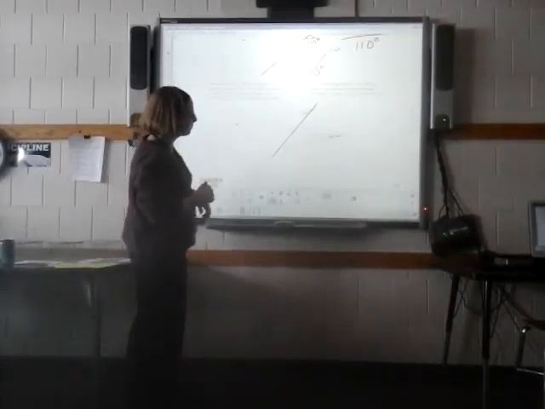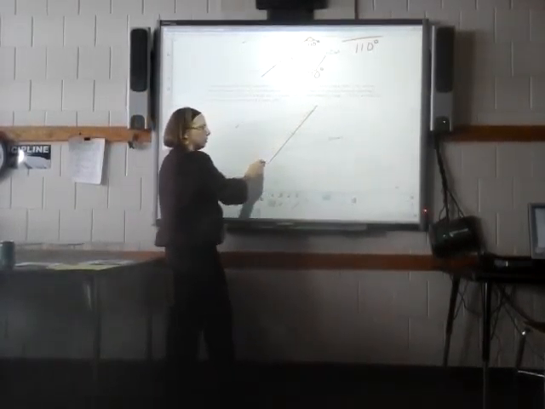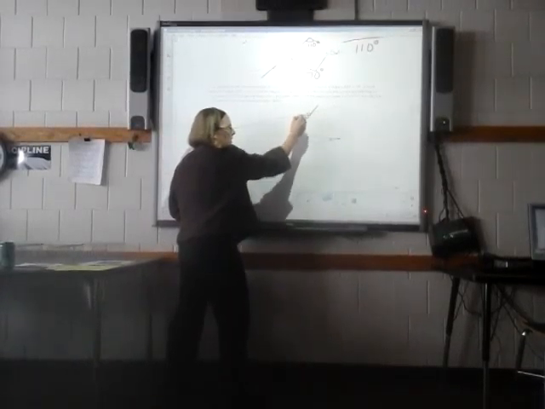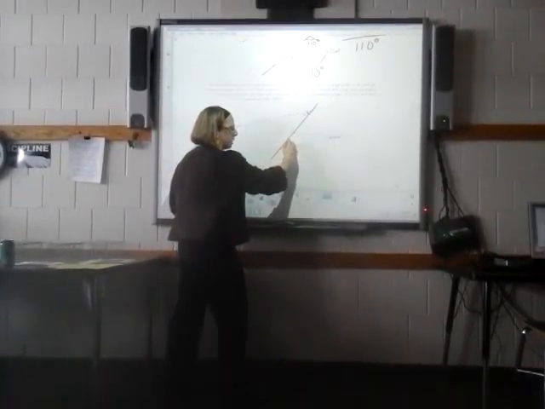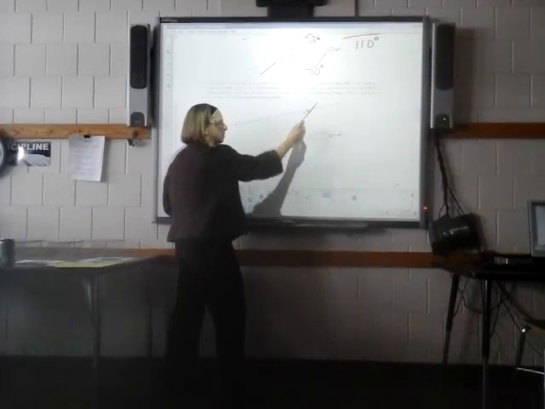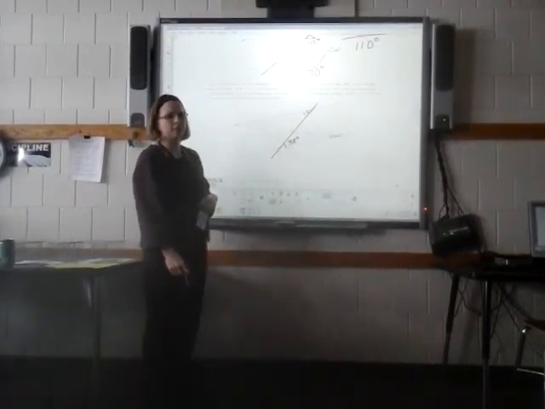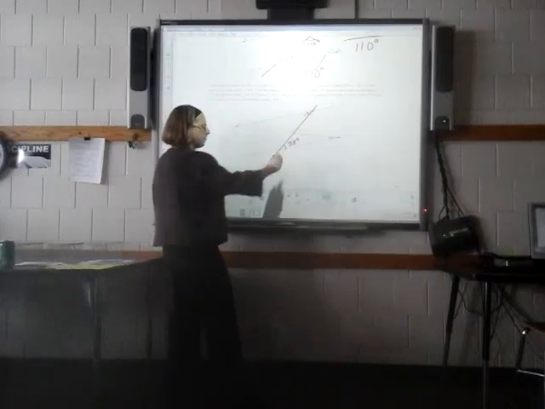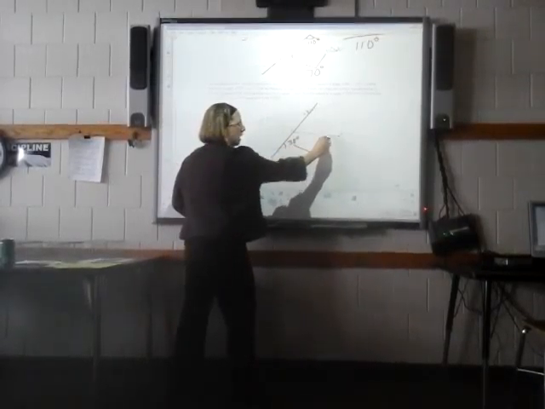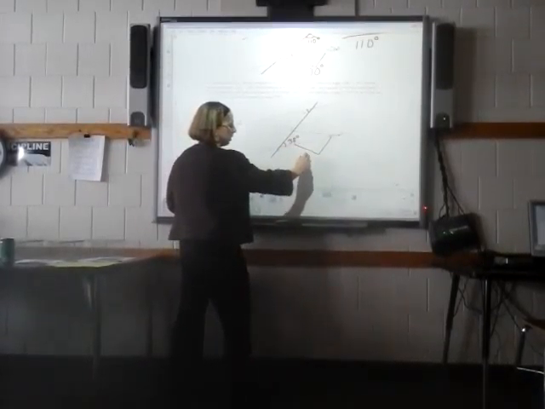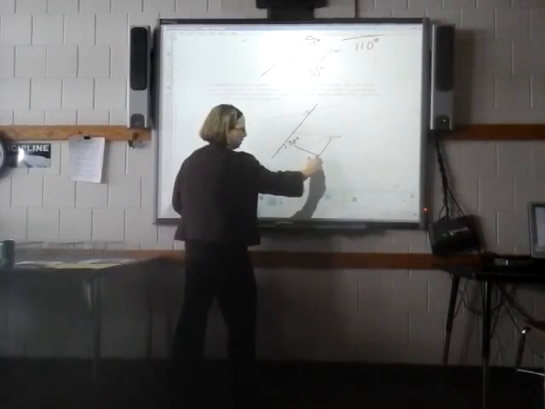Number 2. Again, you have a transversal. Again, you have alternate interior angles. This one has to be 38 degrees because this one is 38 degrees. I have 2 angles out of a triangle for a total of 54 degrees.